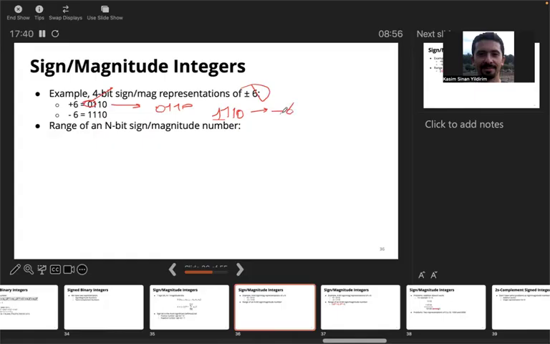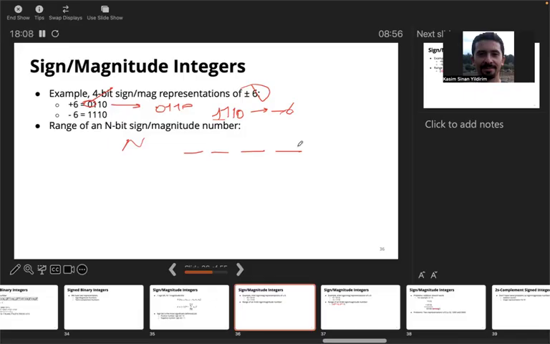Just 1 bit to represent the sign, and the other bits to represent the magnitude, the value of the number. So my question to you is, if I have an n-bit number, let's say 3-bit, or as in this example, 4-bit number, what is the range of numbers that I can represent using sign magnitude representation?